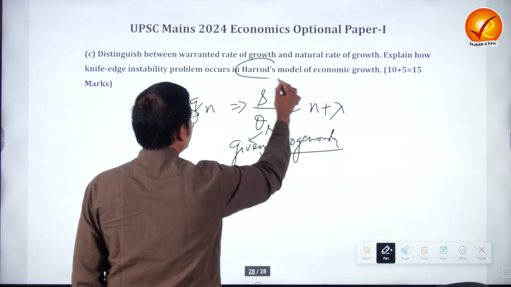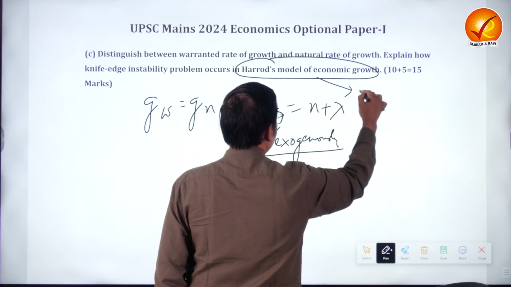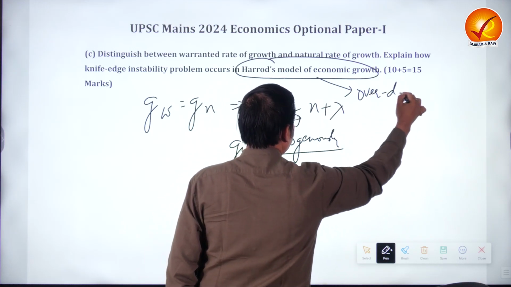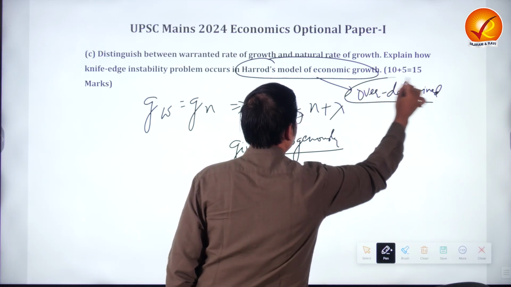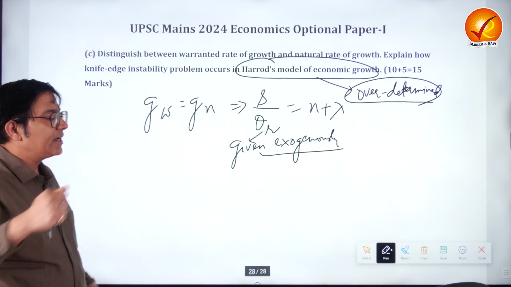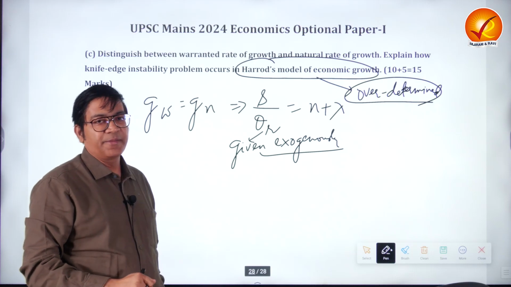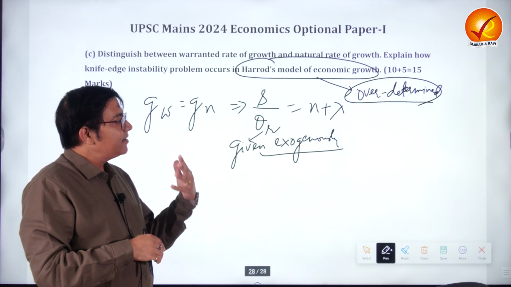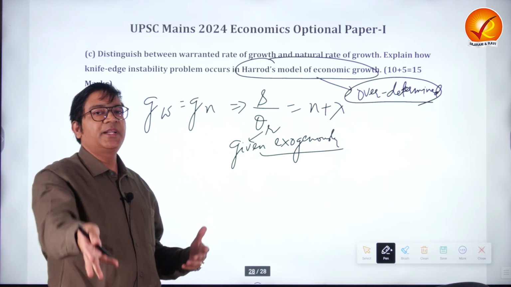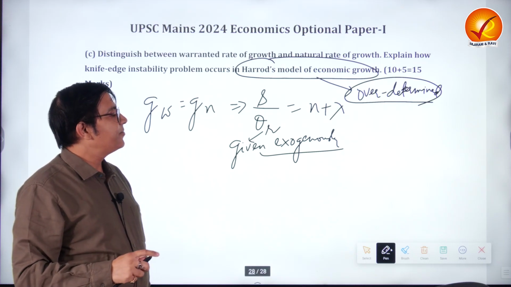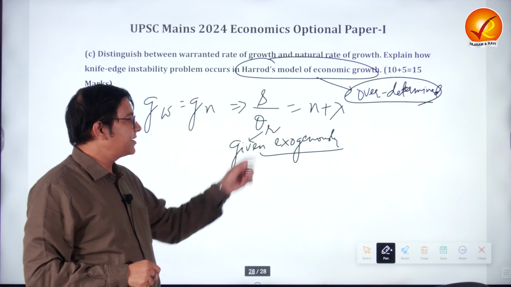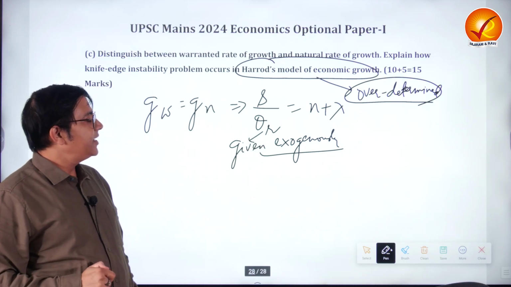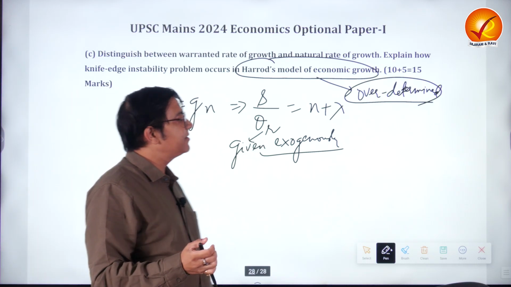The Harrod's model of economic growth is overdetermined. It's a slight mathematical language. Overdetermined model means that kind of everything is assumed to be the same. There is no unknown variable which is to be determined. Perhaps the most common unknown variable should have been theta, which is capital to output ratio. It is not necessary that it will remain the same.